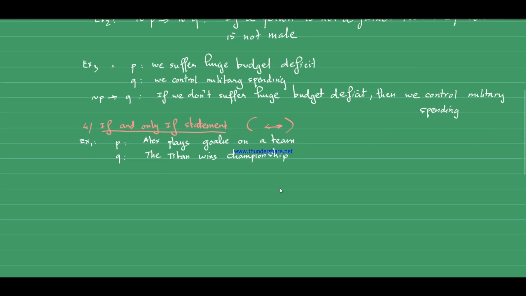In this example, I want to create the if and only if statement. So between P and Q, I draw the both-direction arrow like this.